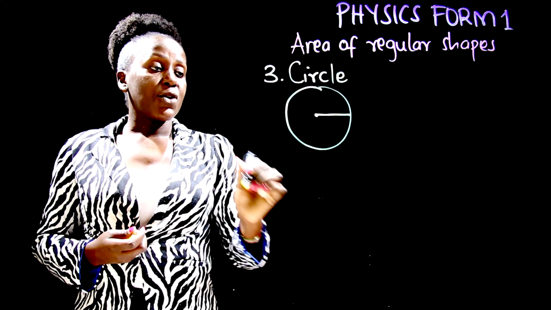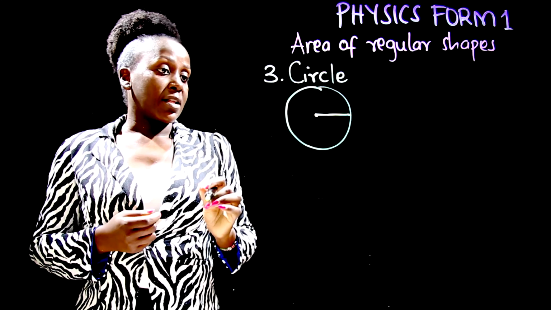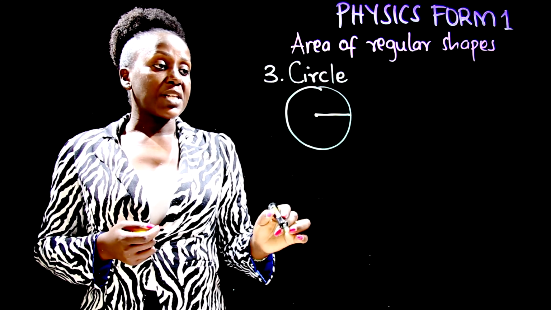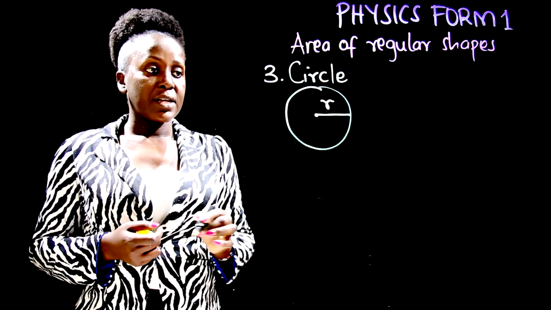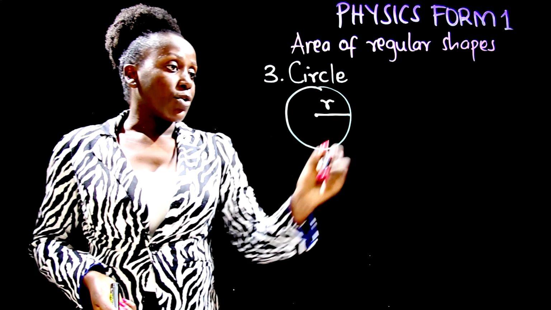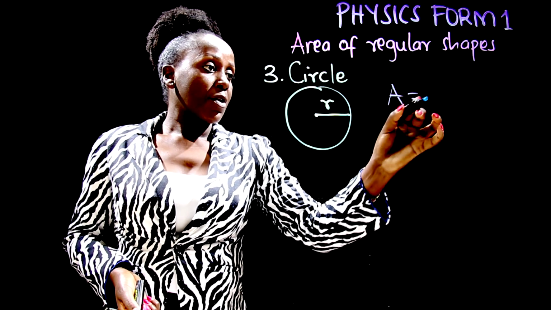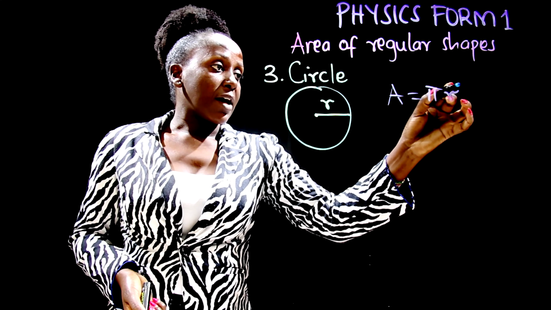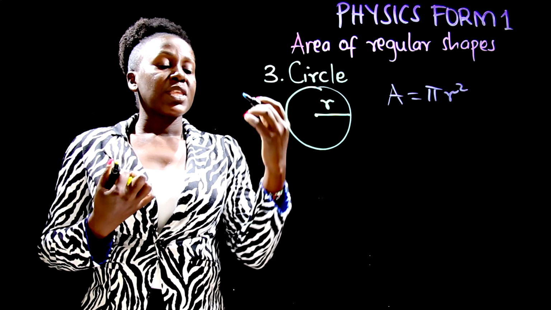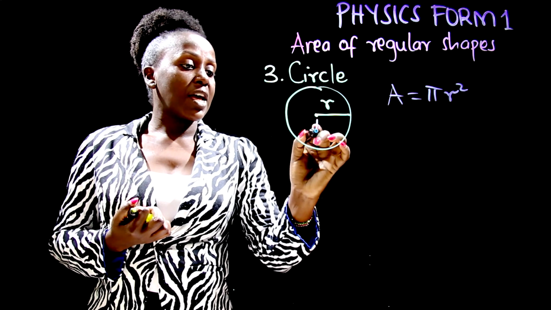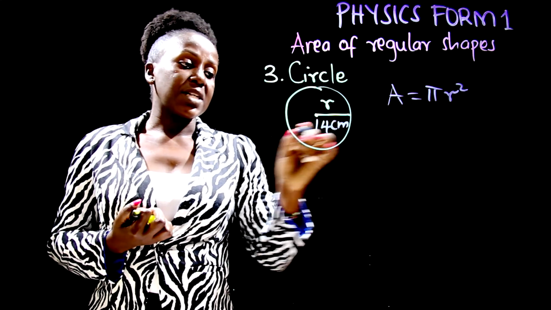A circle has a line that runs from the center of the circle to the circumference, and we call it a radius. Now, the area of a circle is given by pi r squared. So in this question, let's assume that our circle has a radius of 14 centimeters.